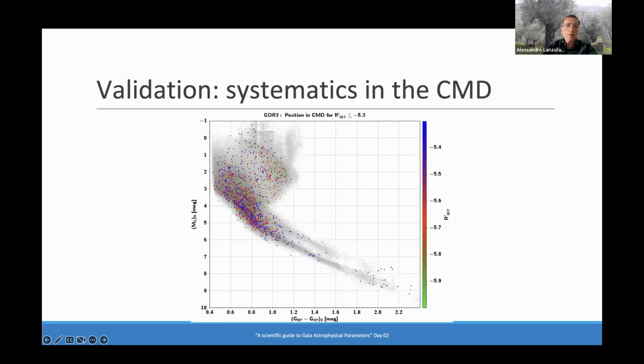So it makes sense from what we know of the evolution of magnetic activity, chromospheric activity and accretion. All this makes sense.